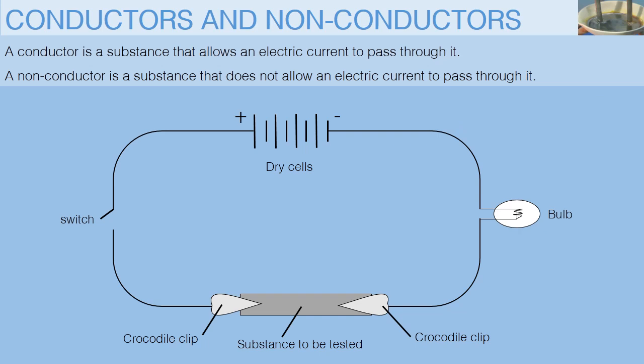Non-conductors are substances such as wood and other non-metals such as gases. In this setup we can test for gases, but they are non-conductors. Others are something like sulfur.